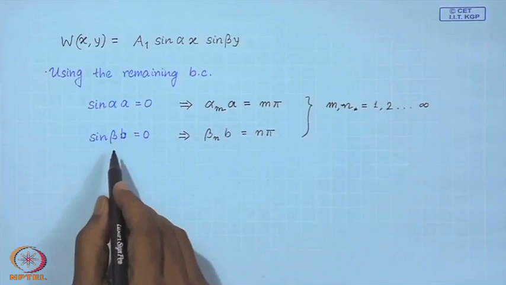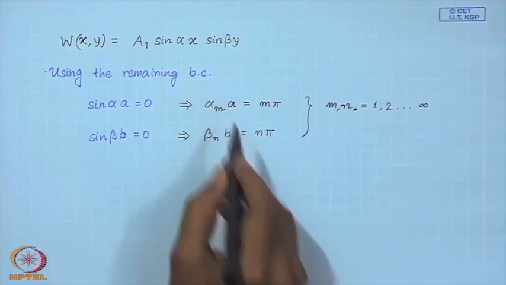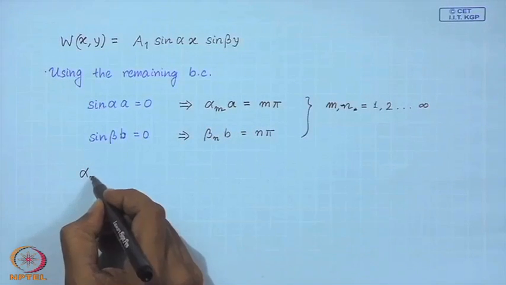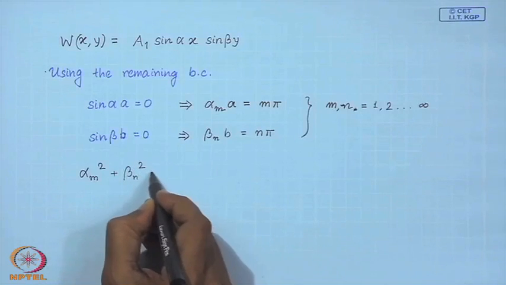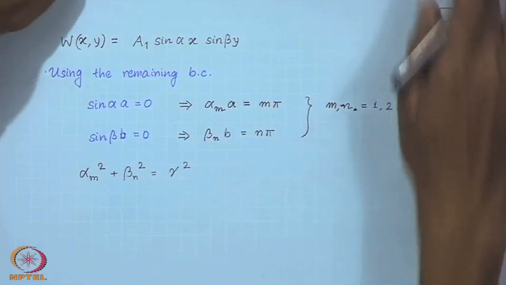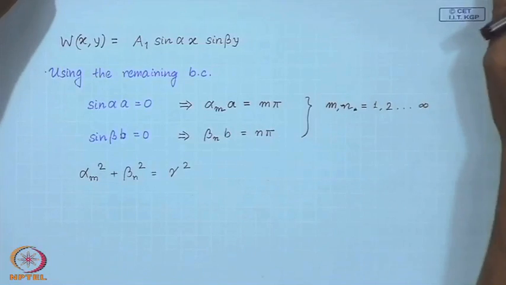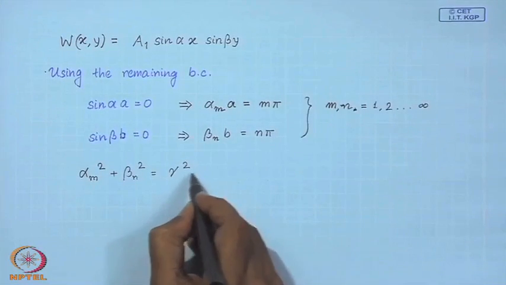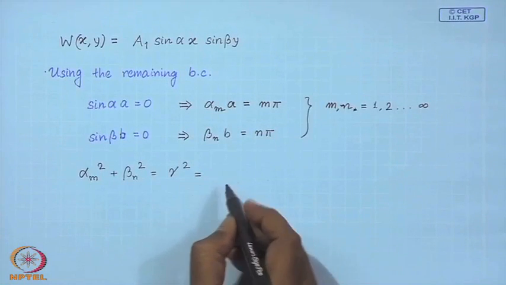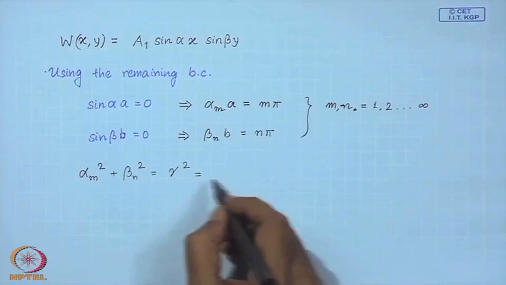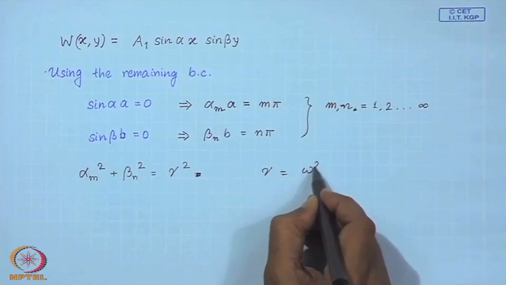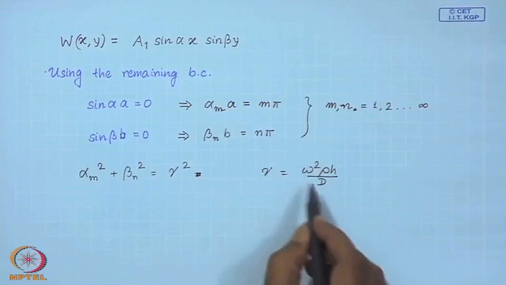So, if you recall the definition of this, the condition or the constraint on these alpha and beta must be equal to gamma square, and if you look back, you have this gamma was defined as this, so this gamma had this omega square.